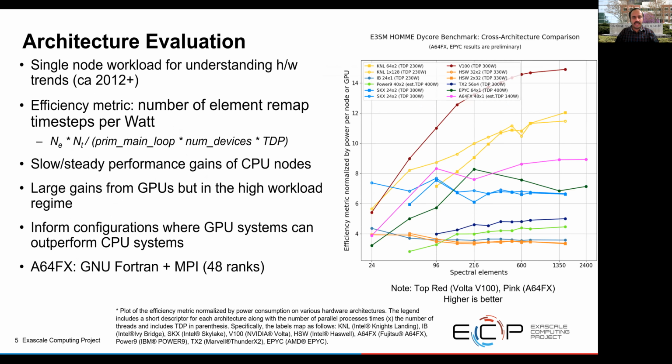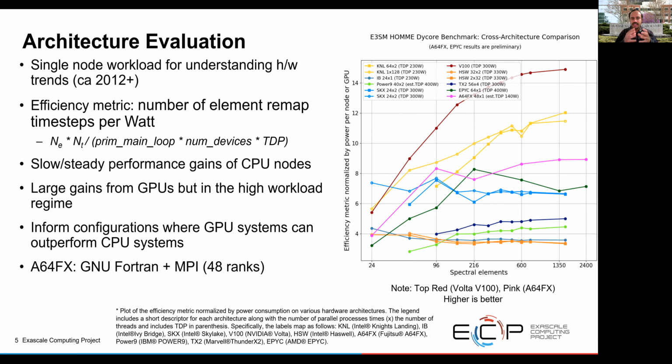For our workload, we have been following this benchmark to evaluate hardware architectures and trends. We have been collecting data on a variety of CPU and GPU architectures from around 2012. The graph on the right shows an efficiency metric normalized by power.